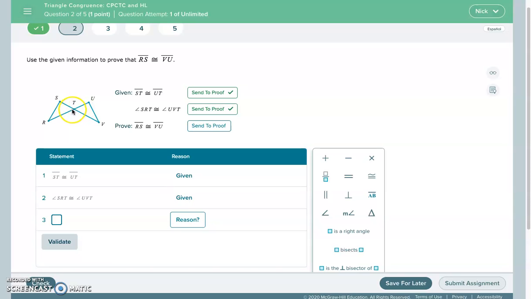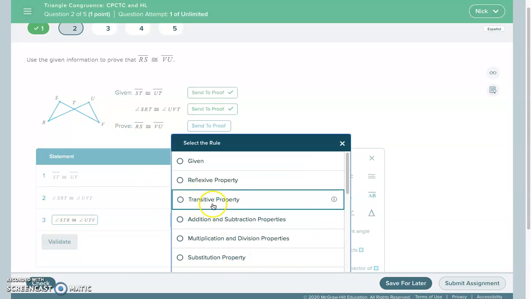Whenever we get these bow tie shapes, we're really looking for vertical angles. So I'm going to say the opposite of those intersections: angle STR is congruent to angle UTV. And those are vertical angles.